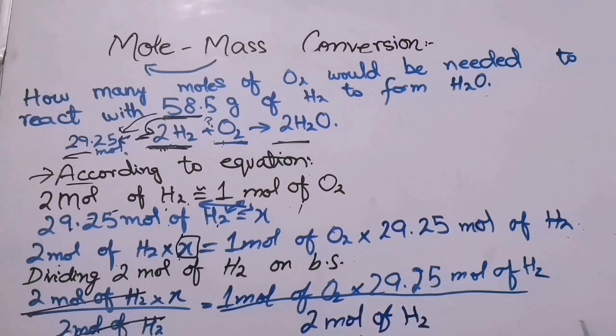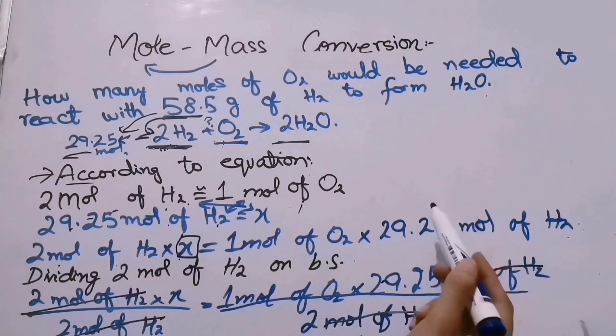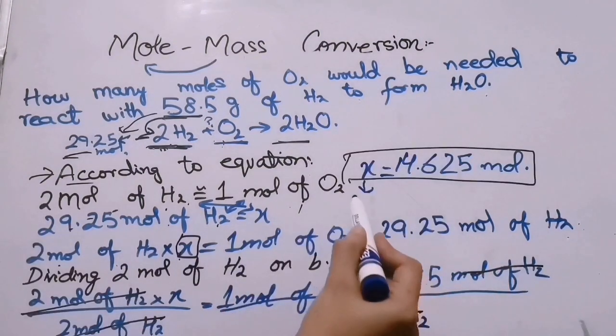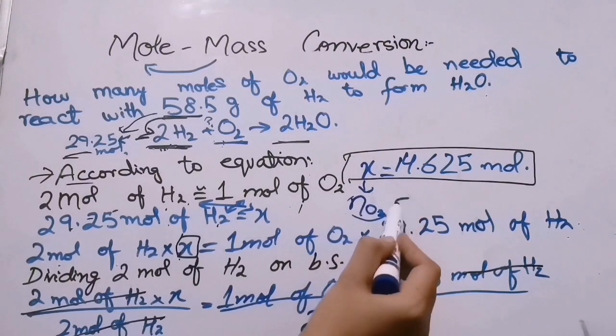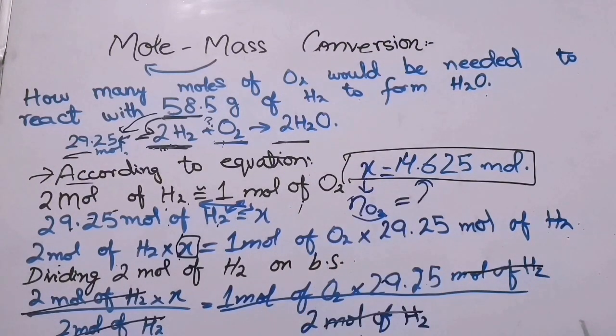Here see that they both will cancel each other, and mole of H2 and mole of H2 will cancel each other. After dividing we will get, and in place of X we can write number of moles of O2. I hope you all understood, and if you have any question then let me know in the comments below.